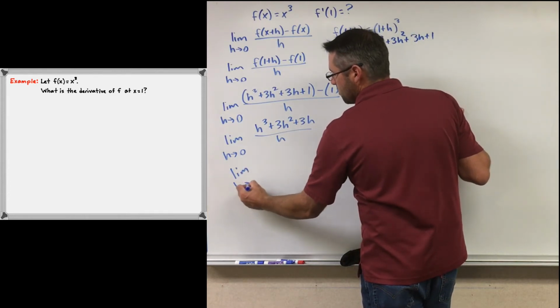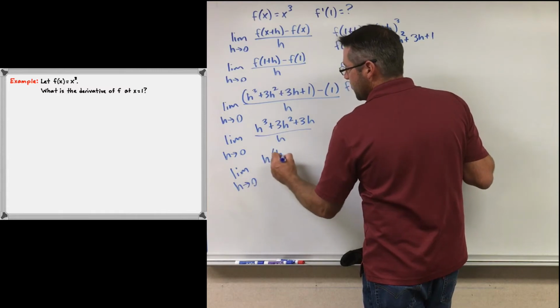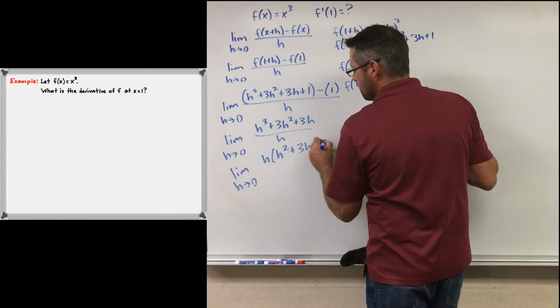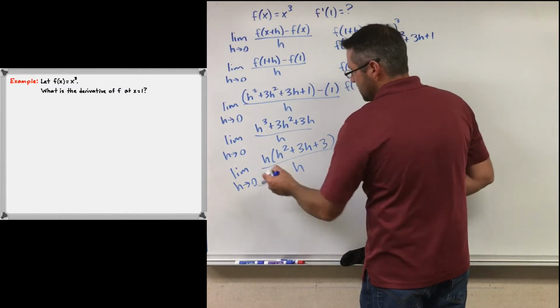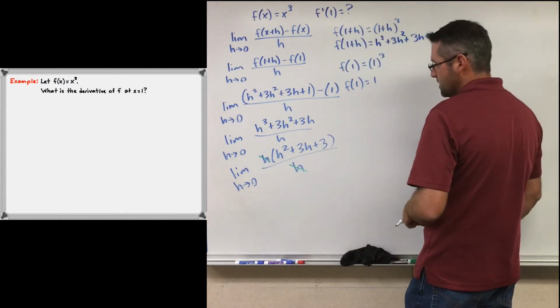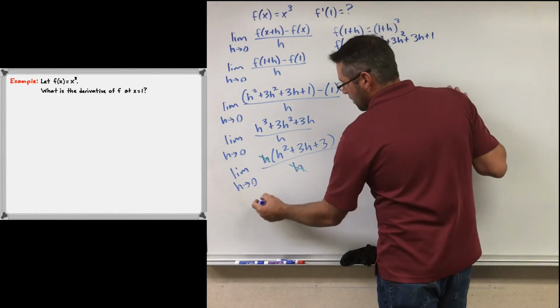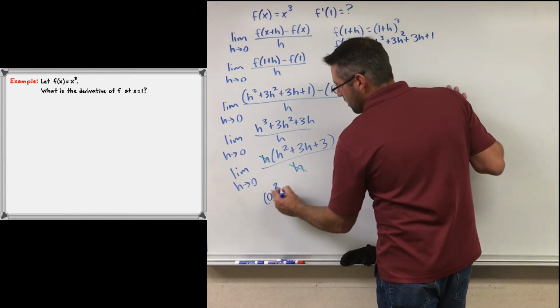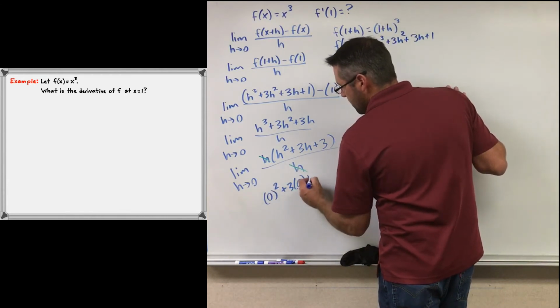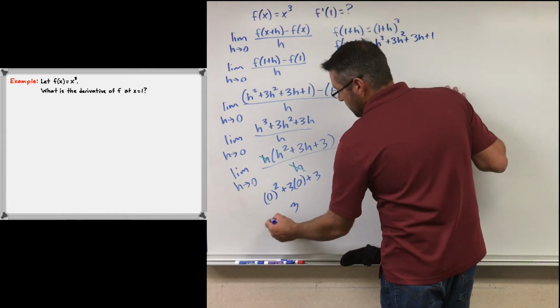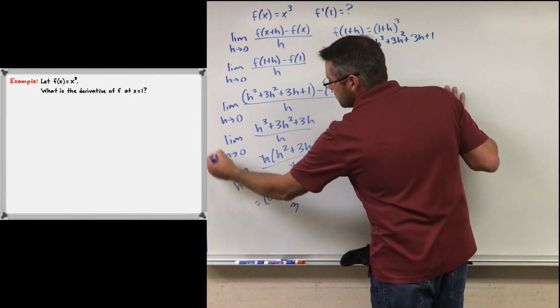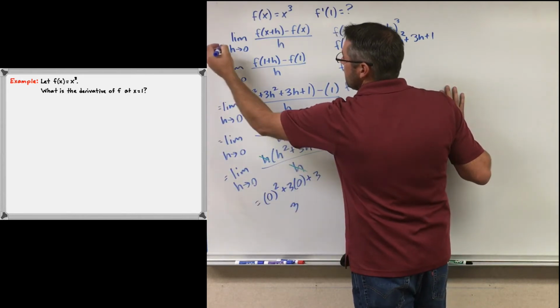So limit as h approaches 0 of h times h squared plus 3h plus 3 all over h. As a result of that, we can see that the h's reduce. And because they reduce, we can now plug in 0. And so we end up with 0 squared plus 3 times 0 plus 3, which is 3. And so we can say, I should probably write this in here, okay?